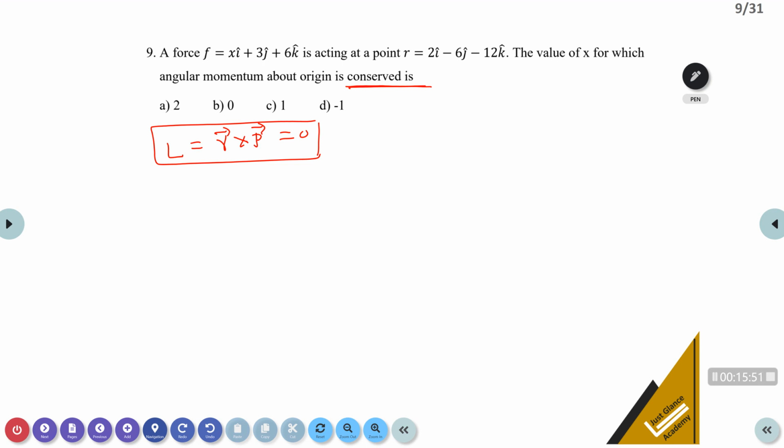Angular momentum is conserved means torque equals d by dt of L equals 0. That means the net torque acting on the body is 0. When the torque equals 0, L is conserved. Remember this point.